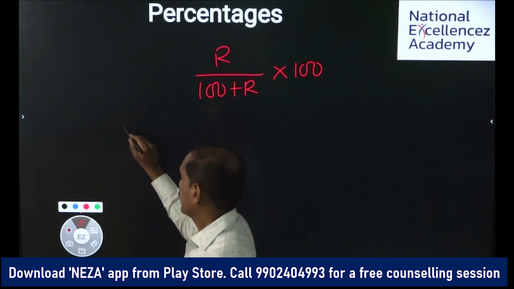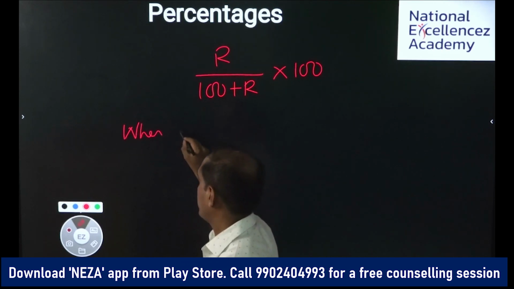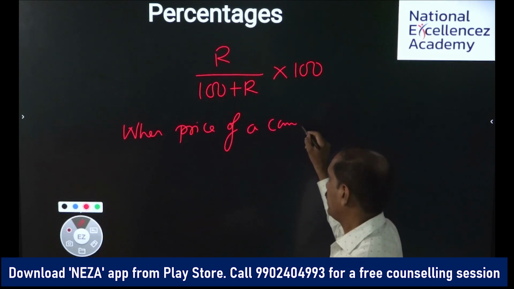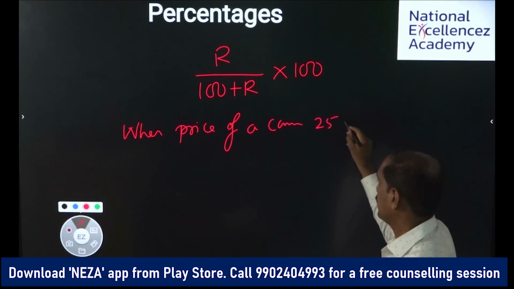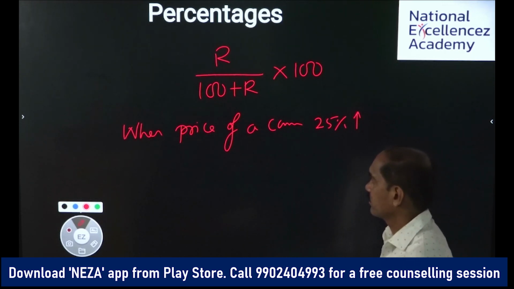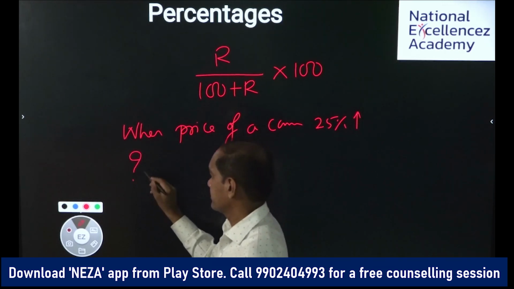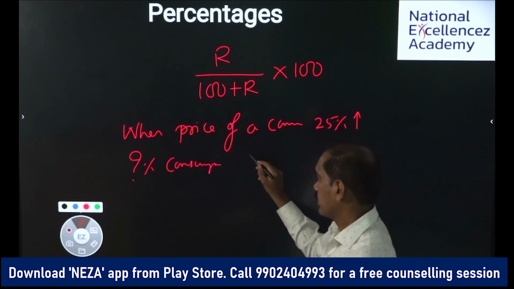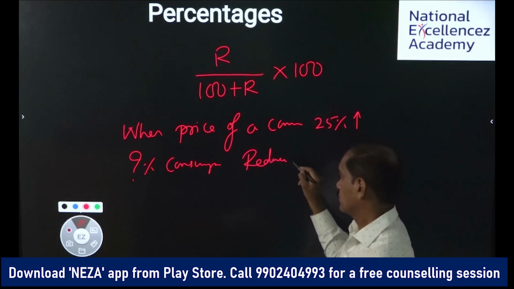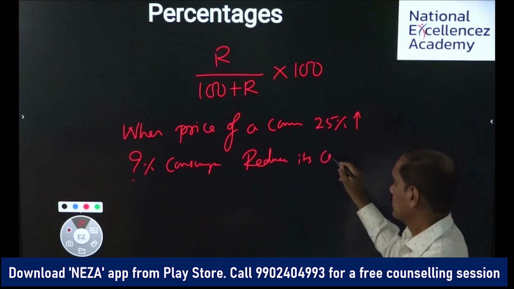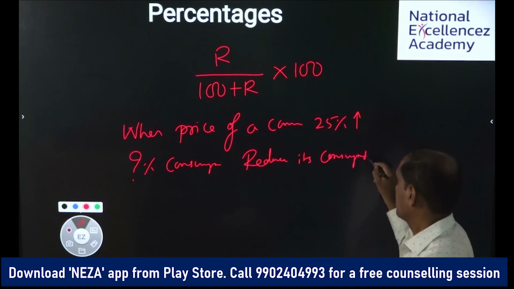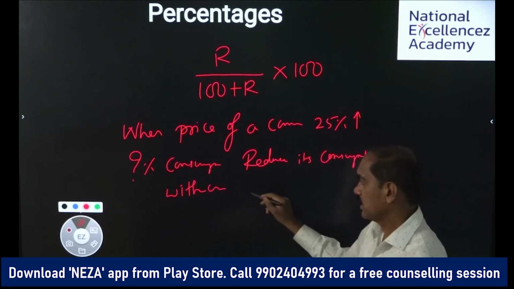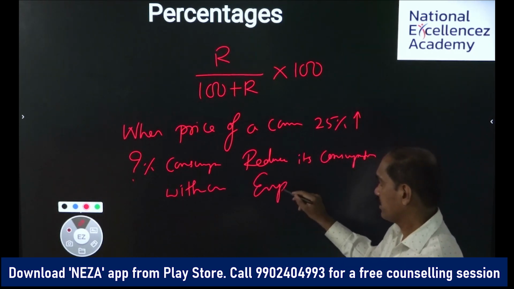When the price of a commodity is increased by 25%, by what percent should its consumer reduce its consumption, without changing his expenditure pattern?